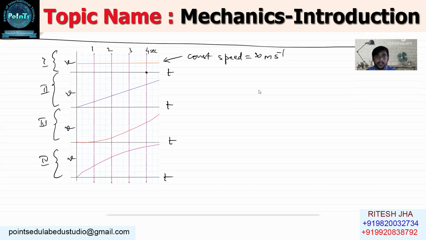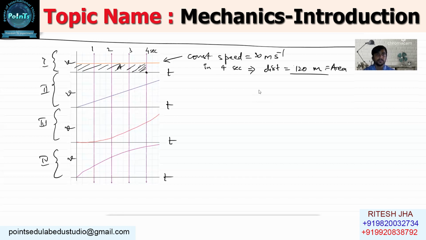So in 4 seconds, it can cover the distance equal to 120 meters, right? That can in fact be determined with this particular area also. This area is actually equal to 120 meters. So the distance can be obtained from the area under the speed time graph, right?